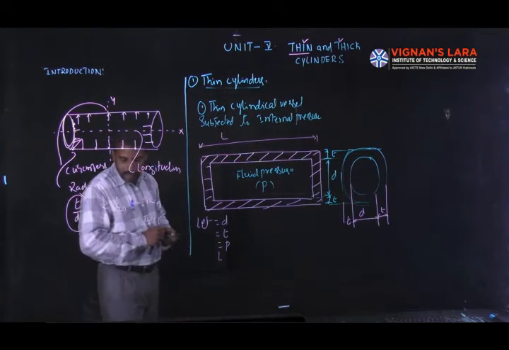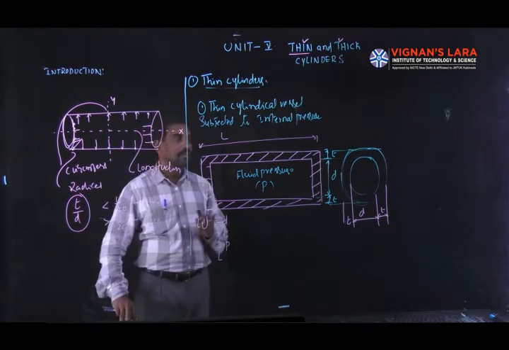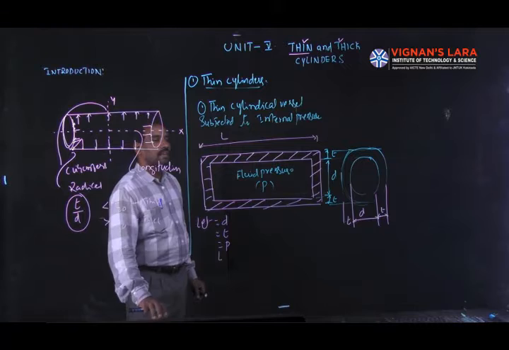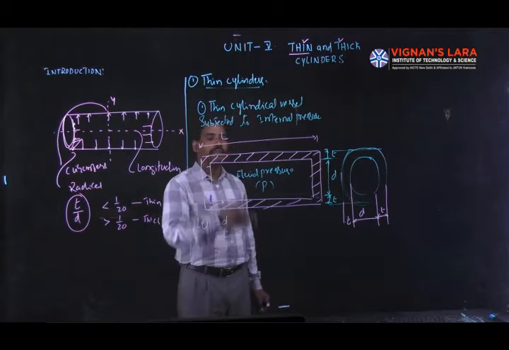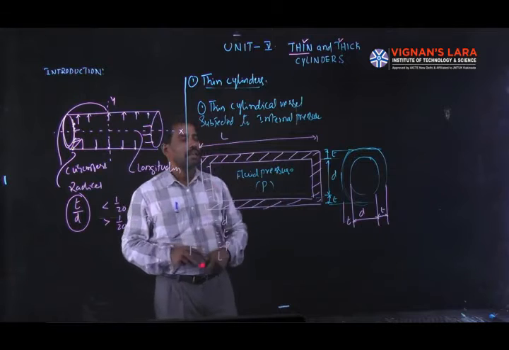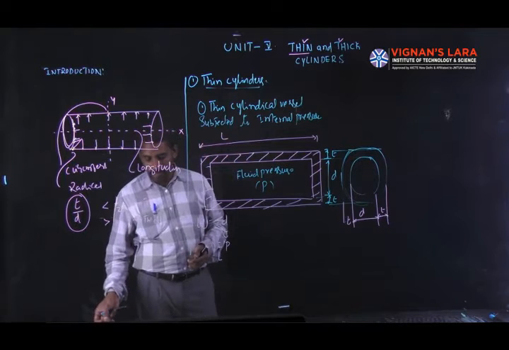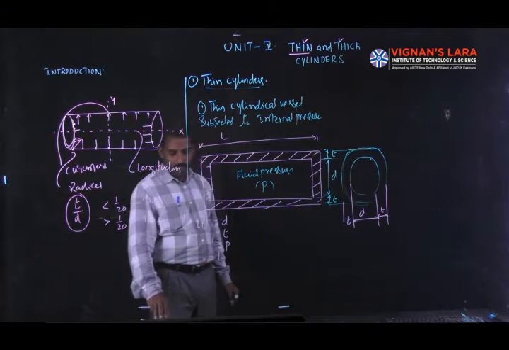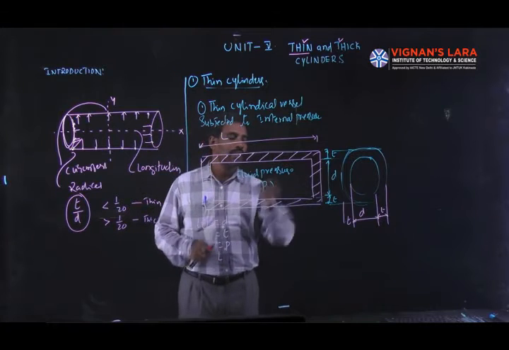On account of the internal pressure, the cylindrical vessel may fail by splitting up. This is very important. Before using a cylinder made of a particular material to carry fluid, a certain amount of pressure force is exerted, so there is a possibility of failure. On account of the internal pressure, the cylindrical vessel may fail by splitting up, one along the length.